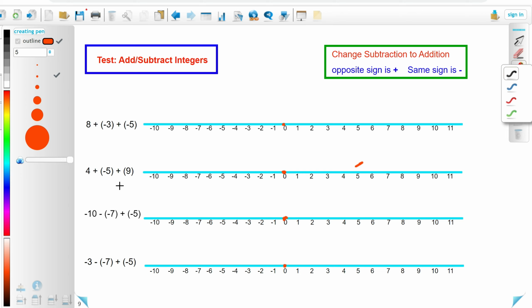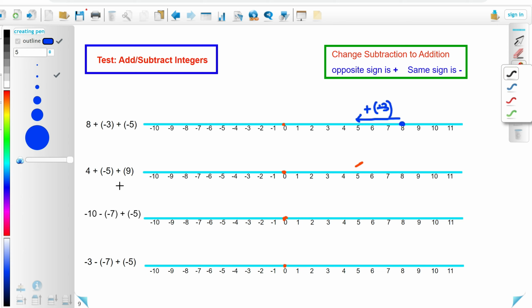First one. All are positive signs, an addition statement. It does not require any change. So what are we going to do? Straight away, we'll go to the very first number, 8. Once we are at 8, the next is negative 3, which means I'm going to move 3 units left. So I write plus minus 3. We went 3 units to the left.